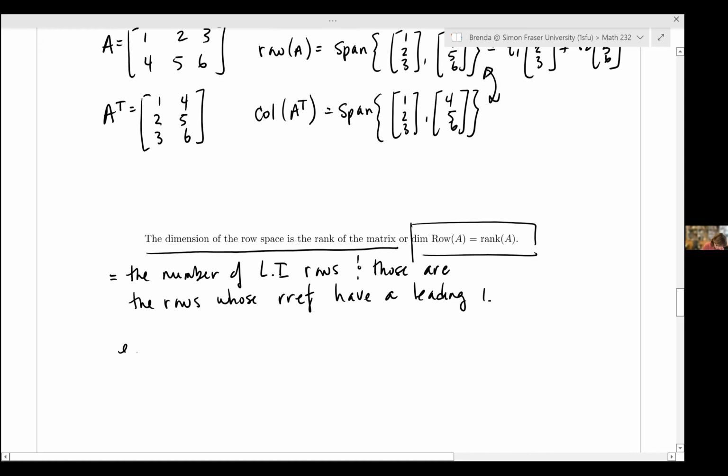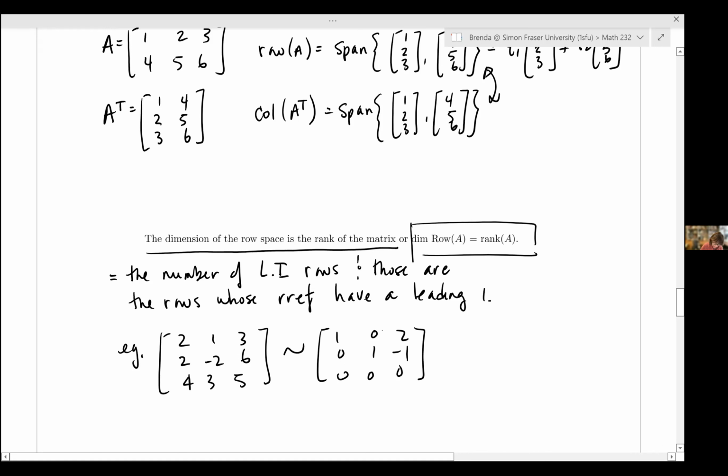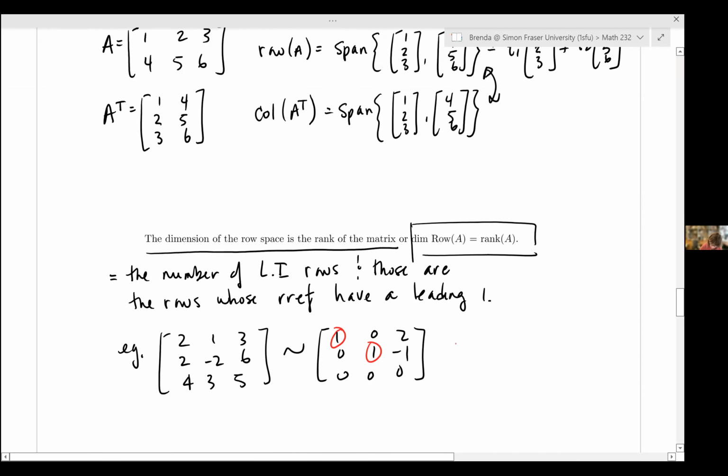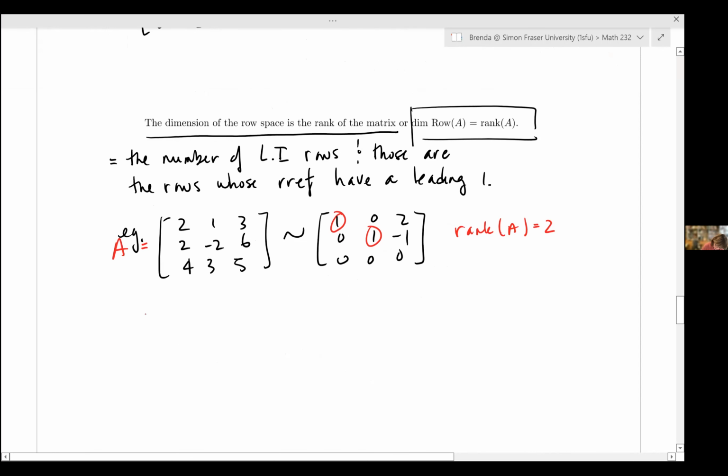Let's take an example. We take this matrix here, 2, 1, 3, 2, minus 2, 6, 4, 3, 5. We row reduce, and get 1, 0, 2, 0, 1, minus 1, 0, 0, 0. And we note the two leading ones here. This matrix, let's call it A, has rank of A equal to 2. And the dimension then of the row space of A is 2.